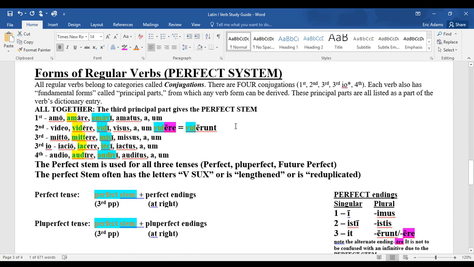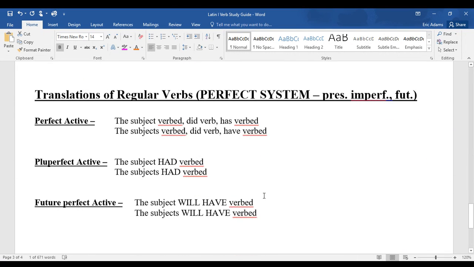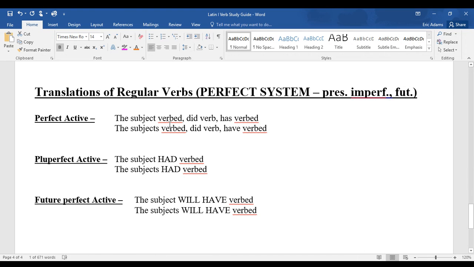There is one question on chapter 19 multiple choice that this information can help you with, but please know what the perfect stem looks like, V or X or lengthened, and know these endings: i, isti, it, imus, istis, erunt, the alternate ending ere, and of course the translation, as we can see here, would simply be the subject verbed, did verb, has verbed, or if the subject is plural, the subjects did verb, verbed, or have verbed.